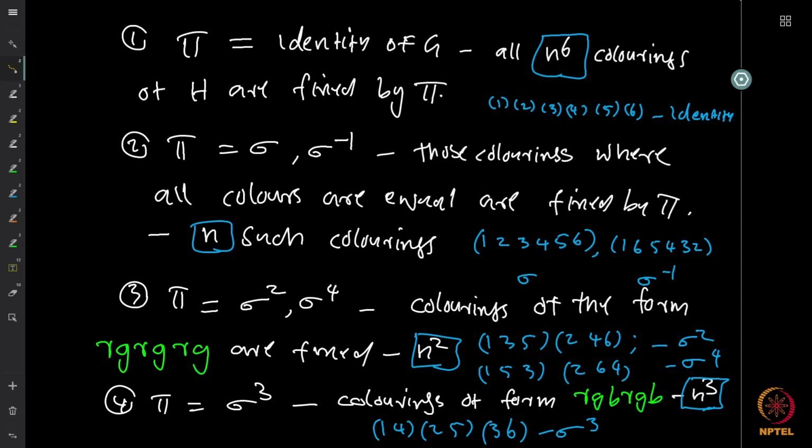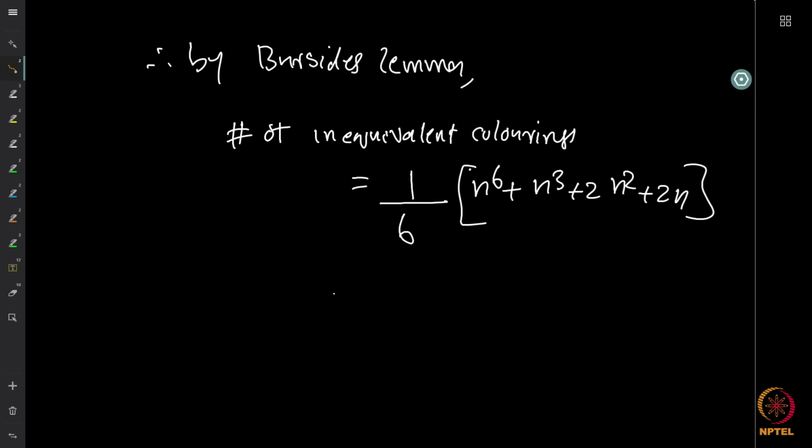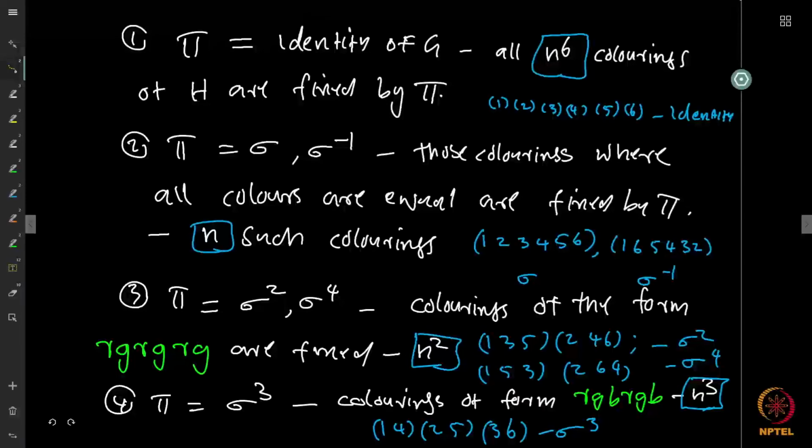Now, why is this? Can you see why? This is kind of easy once you think about it. Let us say that you're looking at a permutation, and this permutation fixes some colorings. Now, if a permutation is fixing the colorings, then look at any cycle of the permutation.